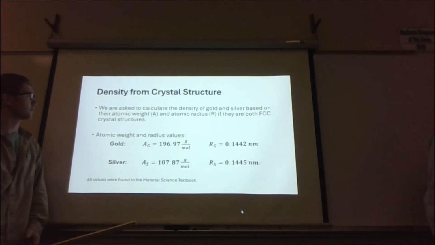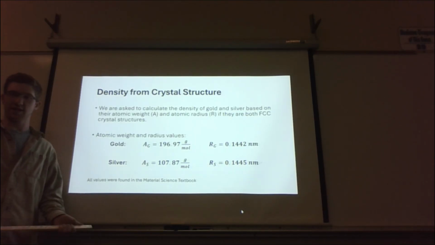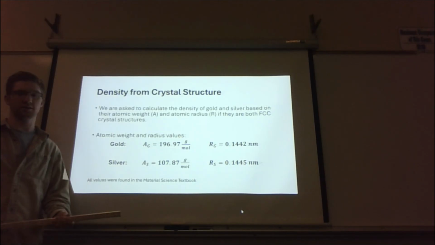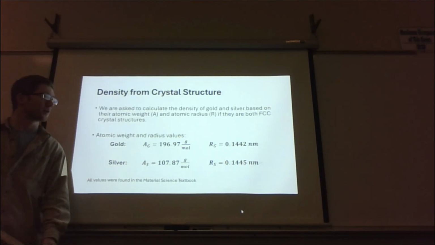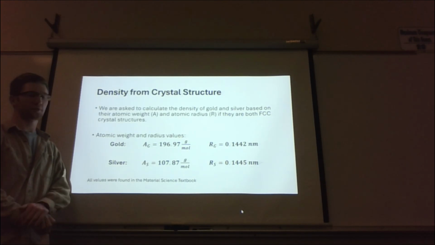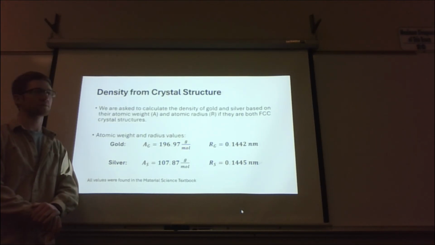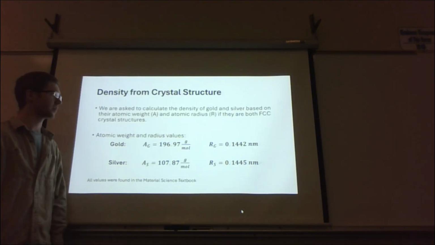So now we're going to solve for the density of gold and silver based off of their atomic weight, atomic radius, and their crystal structure. In this case, we're going to be assuming that both are an FCC crystal structure, which is a face-centered cubic structure.